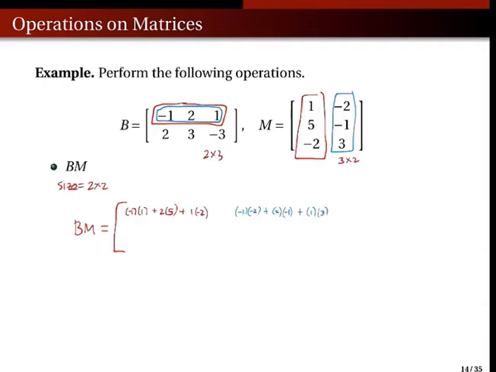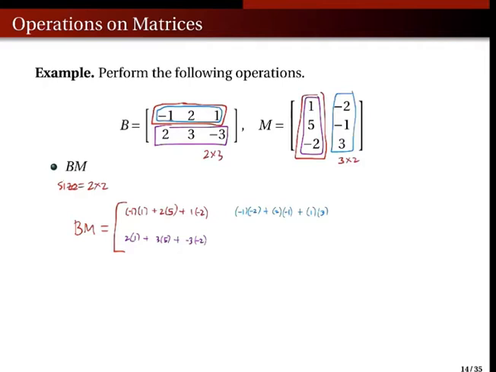Next, you have second row, first column. So 2 times 1 plus 3 times 5 plus -3 times -2.